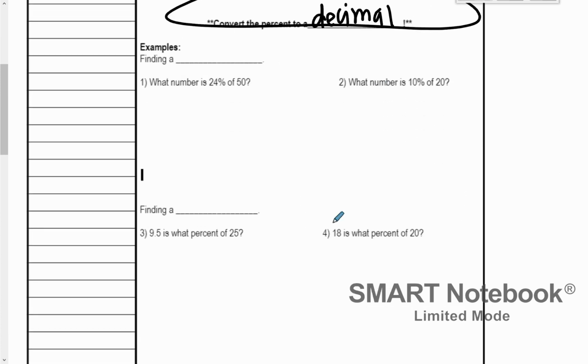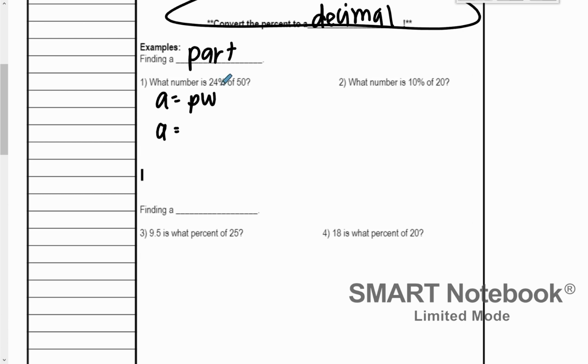All right, let's just go through some examples of using this equation. So we are going to be finding the part in these problems because we're given the percent and we're given what the number's out of, which would be 50 or whole. So we always start off with that equation A equals P times W. Now we're missing our part, so we're always going to have an A for these first two examples because we don't know what that part is.